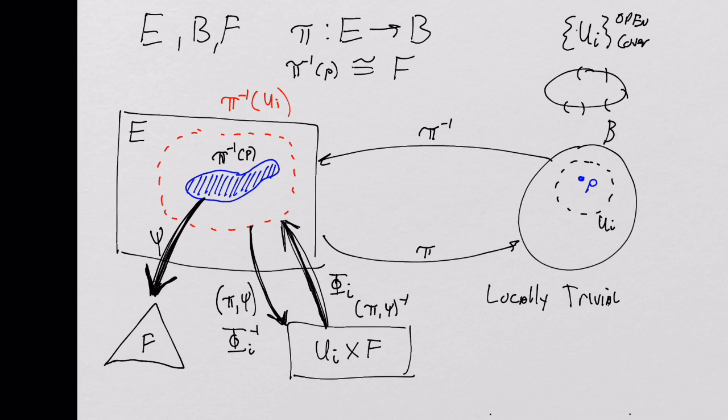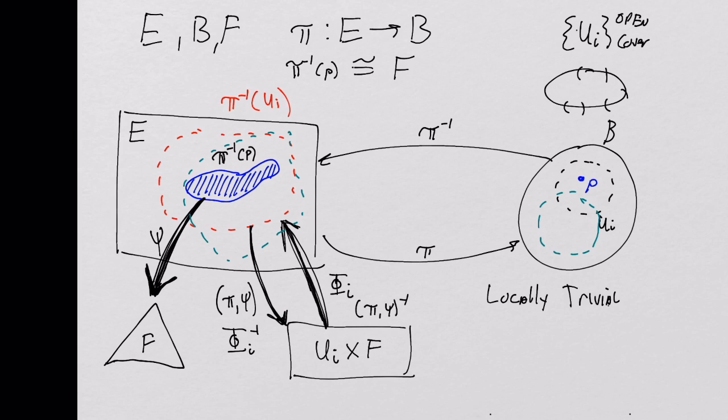And the reason this is important to talk about over certain areas in the base space is because there is inevitably going to be another area in the base space, and it's going to have inevitably its own preimage, and that preimage is also going to be diffeomorphic, but under a different mapping.